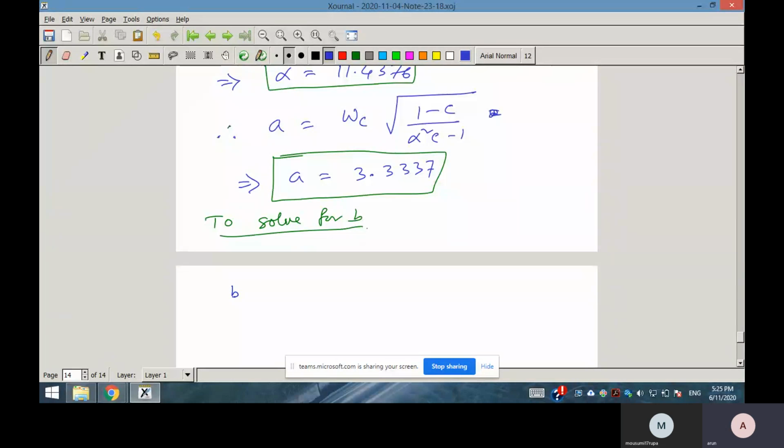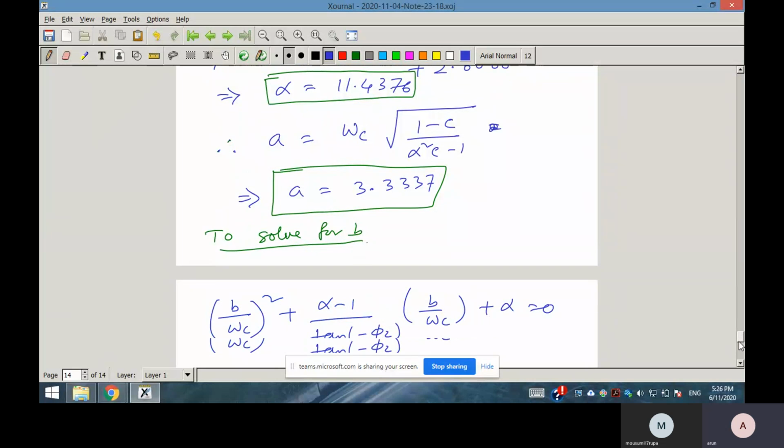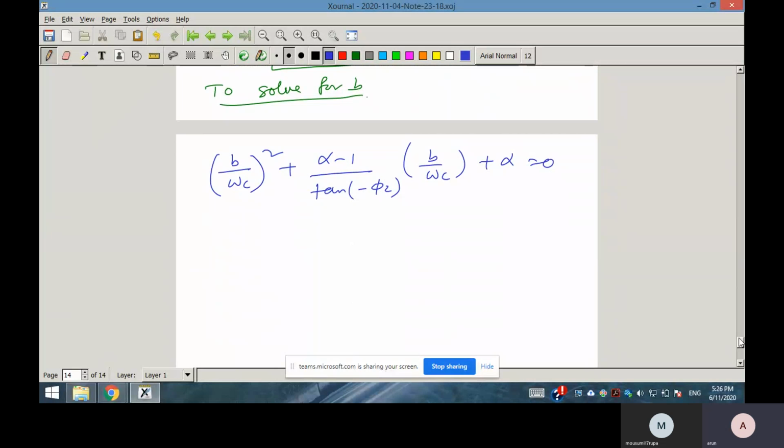So b, as you know, satisfies this equation: b by omega c, whole square, plus alpha minus 1 divided by tan of minus phi 2 into b by omega c plus alpha, equal to 0. So lead lag controller design is a little bit involved because it is a little bit lengthy, as you can see now.